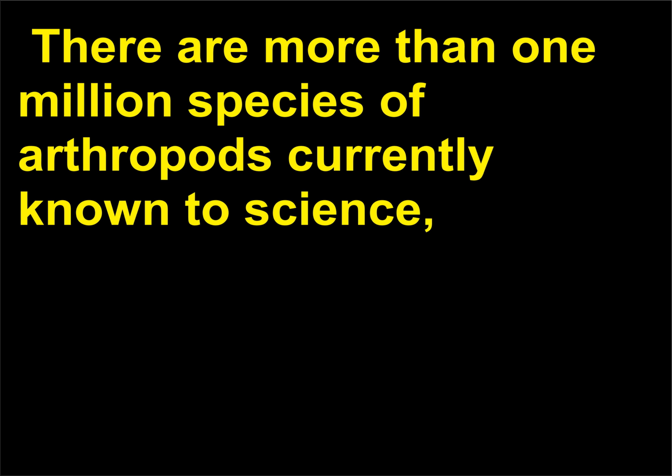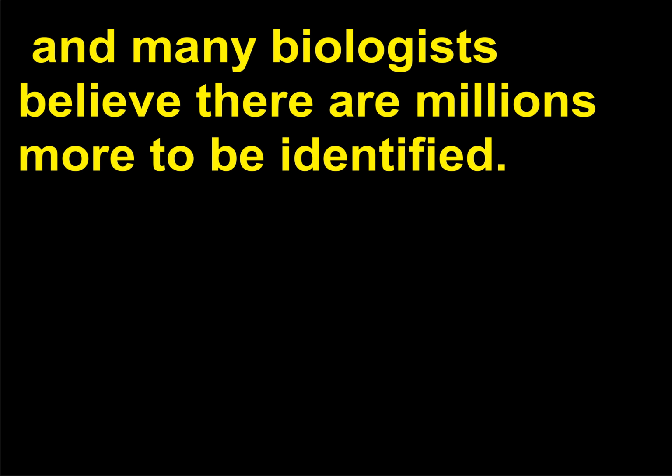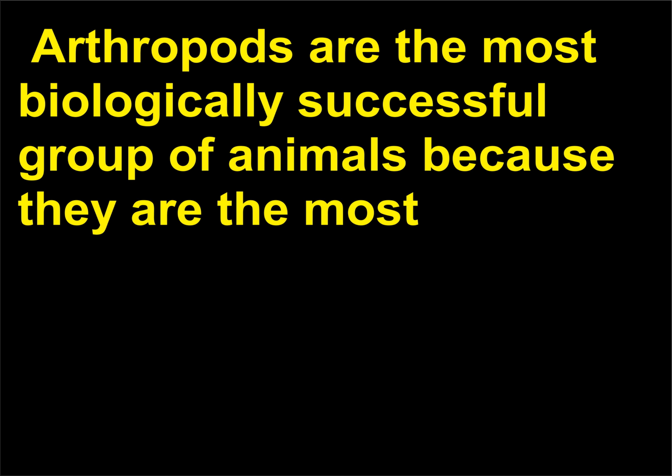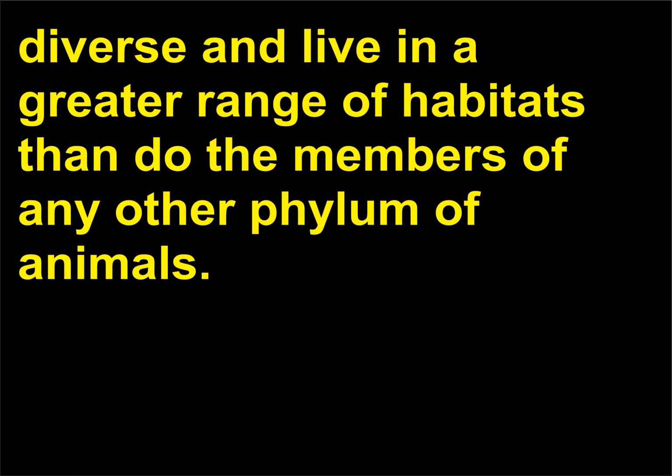There are more than 1 million species of arthropods currently known to science, and many biologists believe there are millions more to be identified. Arthropods are the most biologically successful group of animals because they are the most diverse and live in a greater range of habitats than do the members of any other phylum of animals.